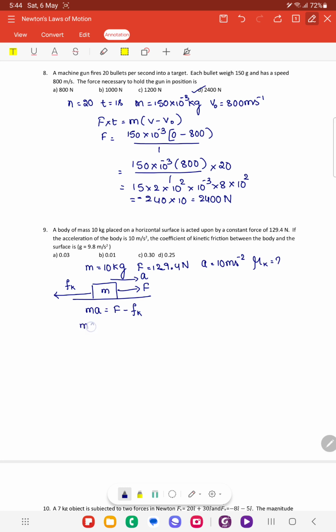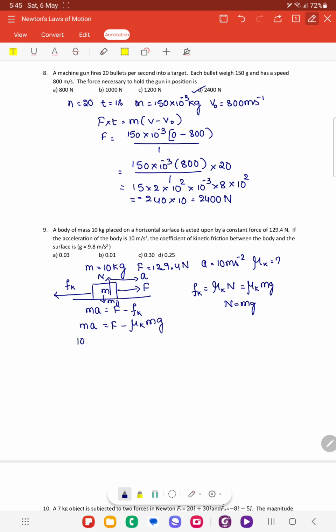Fk, the frictional force, is nothing but mu k into N. Here N is nothing but m into g. The weight acts vertically downwards and the normal reaction vertically upwards, so N is equal to mg. So substituting, it is F minus mu k into mg.